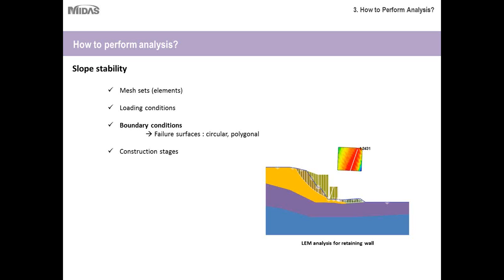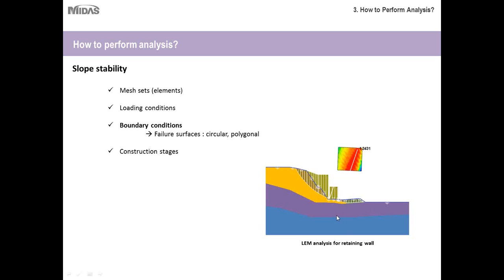So again, going back to the first example, if you have to perform a slope stability analysis in the same example, then in your boundary conditions you define what the failure surfaces will be, or define the analysis type as shear strength reduction, and you can perform slope stability analysis.